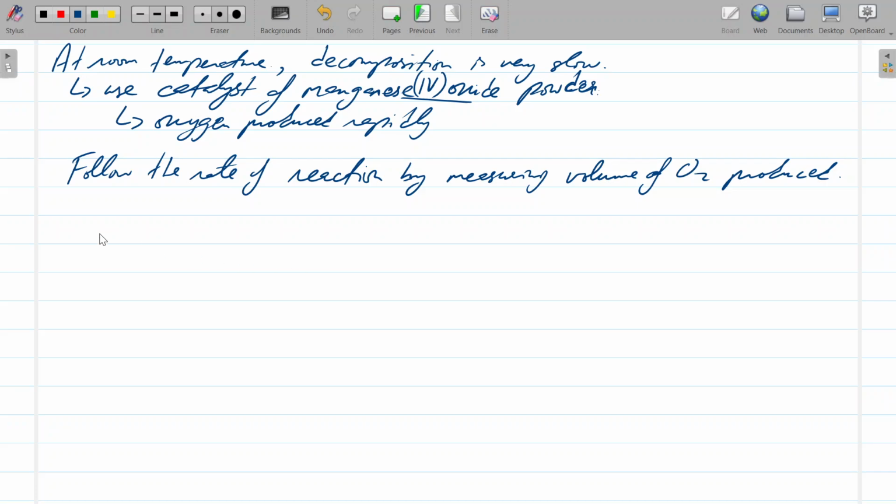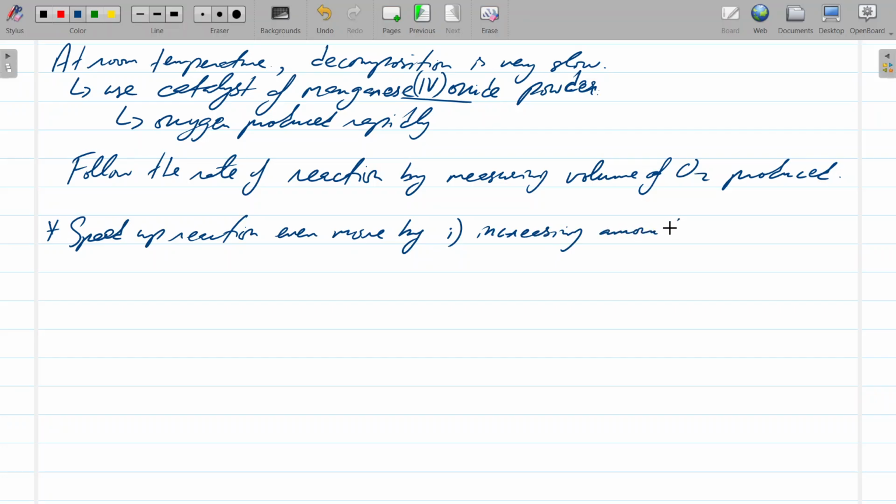And as mentioned, you can speed up the reaction even more by, one, increasing the amount of catalyst, and secondly, increasing the surface area of the catalyst. So the best thing you can do is use it in powder form, as I mentioned earlier.